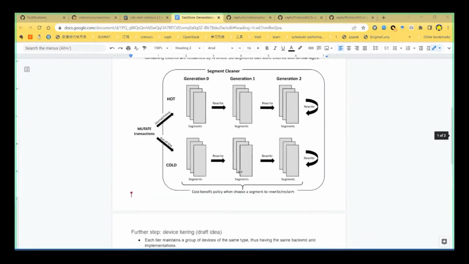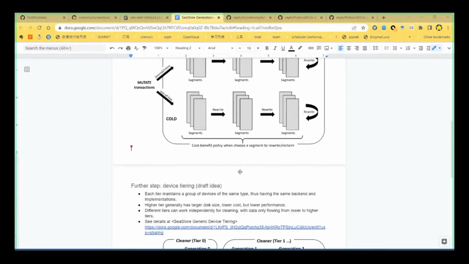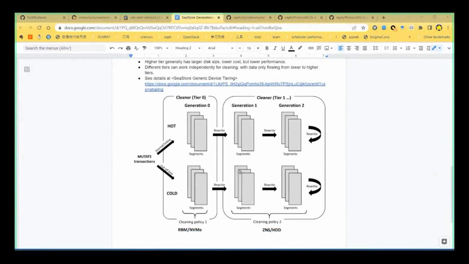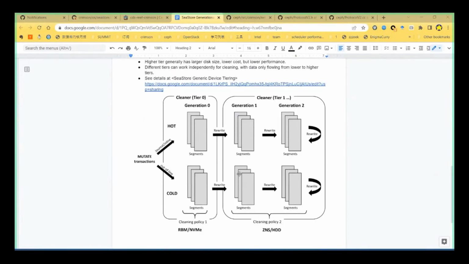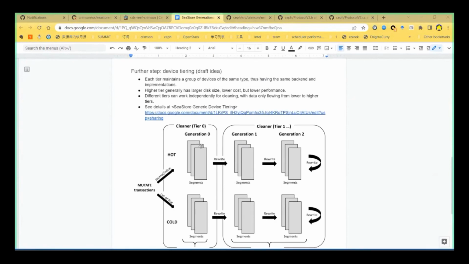So the further idea is that if we have the generations, then we can have multiple tiers of devices. The concept of tiers is that each tier will have a group of one or more devices of the same type, so it will have the same backend and implementations. And the higher tier generally will have larger disk size, lower cost, but lower performance.